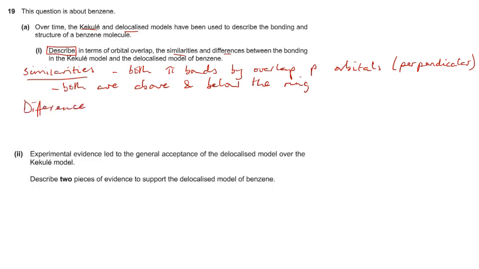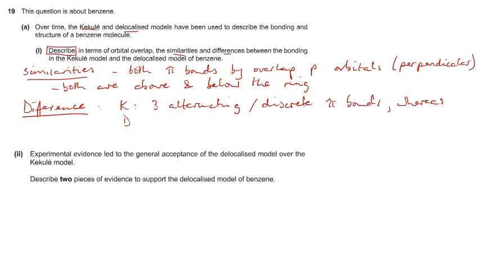Difference then, right, is that Kekulé has 3 alternating discrete pi bonds, whereas the delocalized model, all the overlapping p orbitals are spread out into a ring both above and below the ring of carbon atoms.